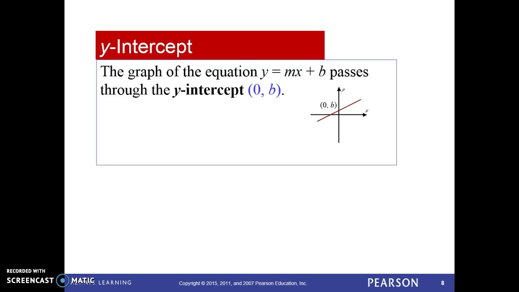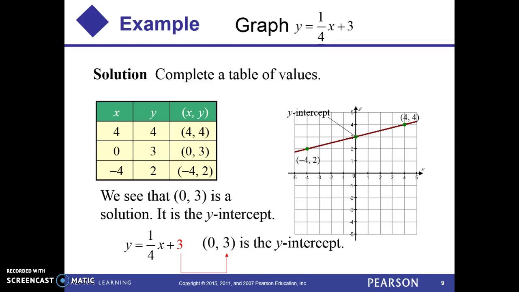Here's an example. We're going to graph this line. We can pick any numbers we want for x, but we know that if we put 0 in for x, that's going to be my y-intercept. That's what this second ordered pair in the table is, your y-intercept because x is 0.